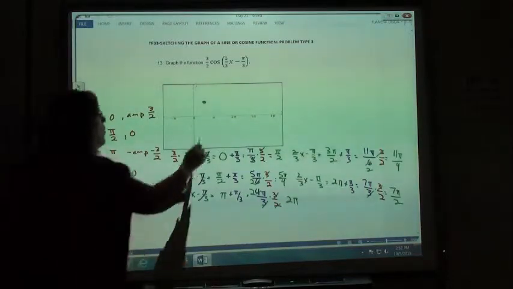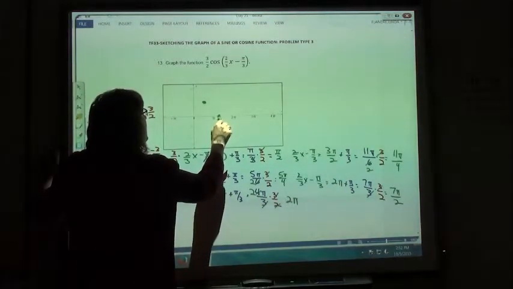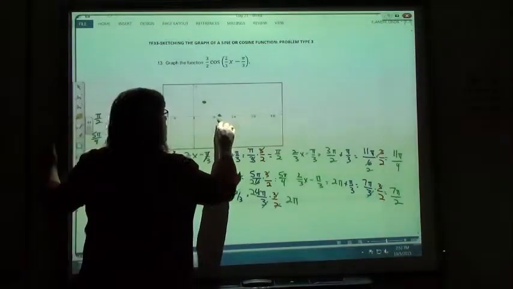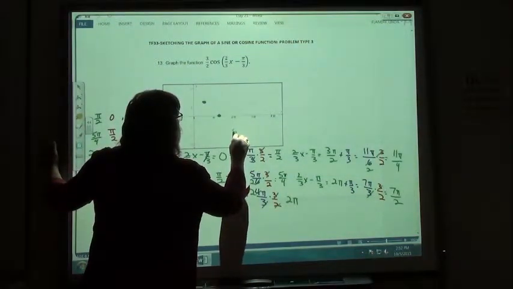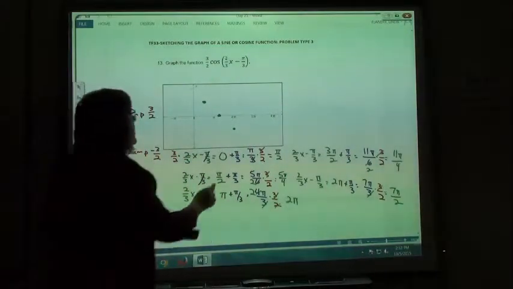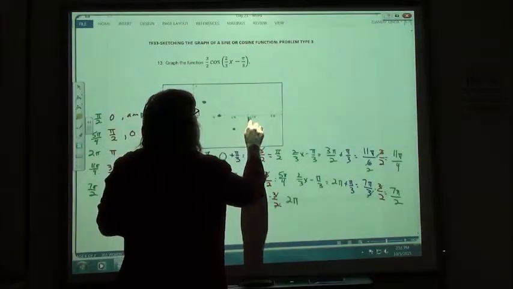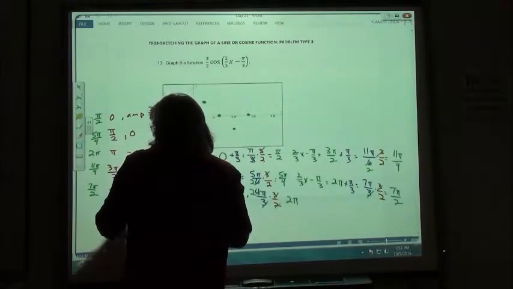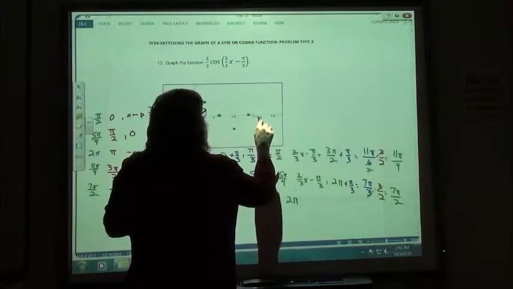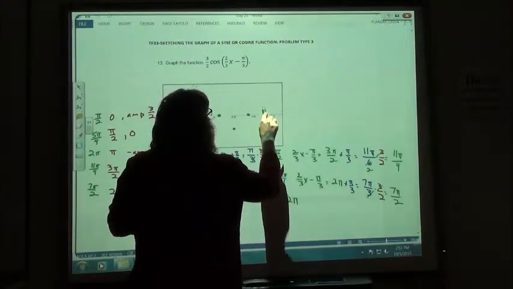5 pi over 4, so 4, 5, I'm going to cross at 0. 2 pi is going to go down to negative 1.5. 11 pi over 4, that'd be 8, 9, 10, 11. We'll cross right on the line. And 7 pi over 2 would be 14. 11, 12, 13, 14, going to be up to 1.5.